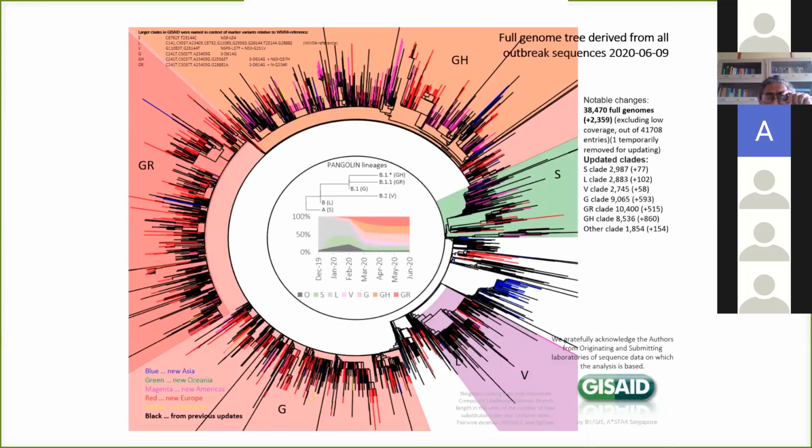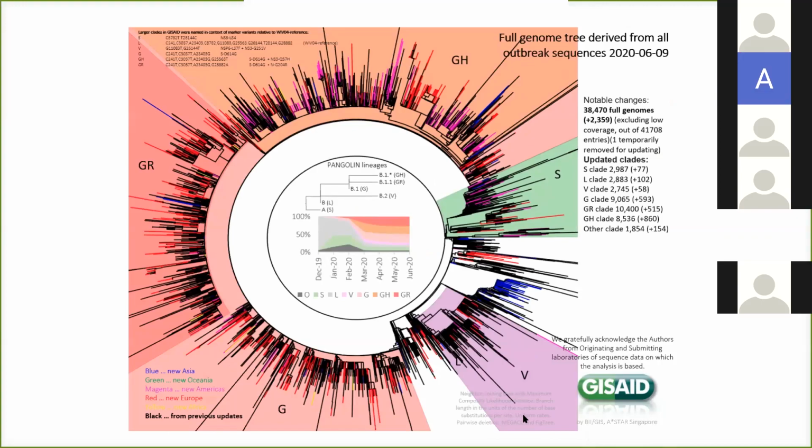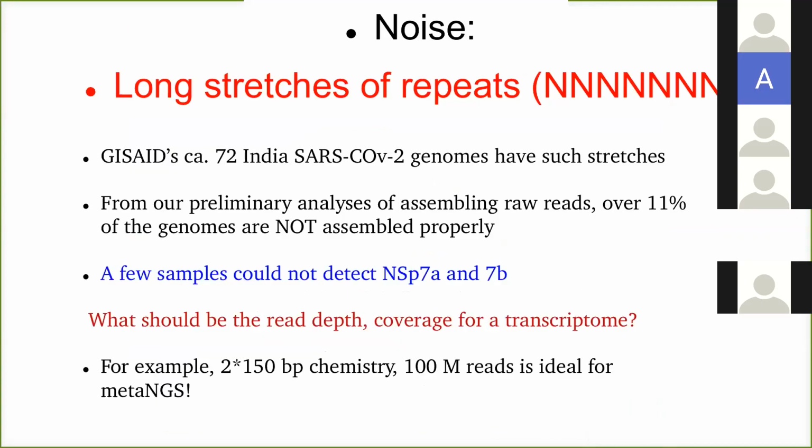This is the phylogenetic tree that is updated from time to time. The predominant clade, all the red ones, are strains that evolved from Europe. The blue ones are seen across different ecotypes, from the Asia Pacific regions, and the majority of them are mild and come from India.